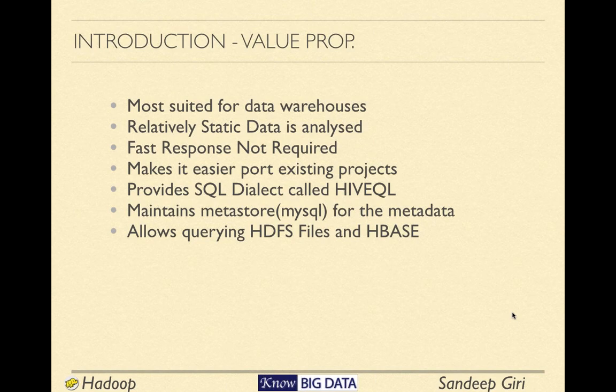In case you need a fast response, Hive is not your solution, because Hive is built on top of MapReduce and MapReduce is a batch process. It takes time for MapReduce to execute a query. The only powerful thing is that no matter how big your data is, Hive will be able to churn it. Though there will be delay, there will be latency, it will be able to do it.